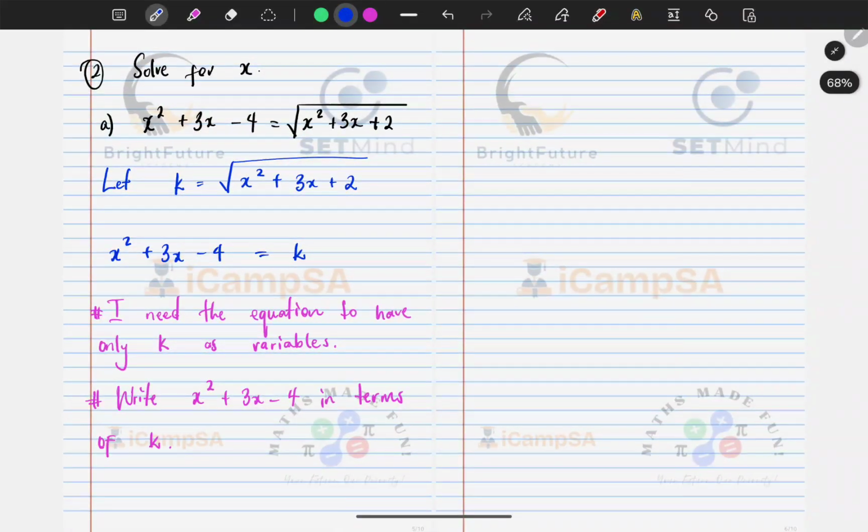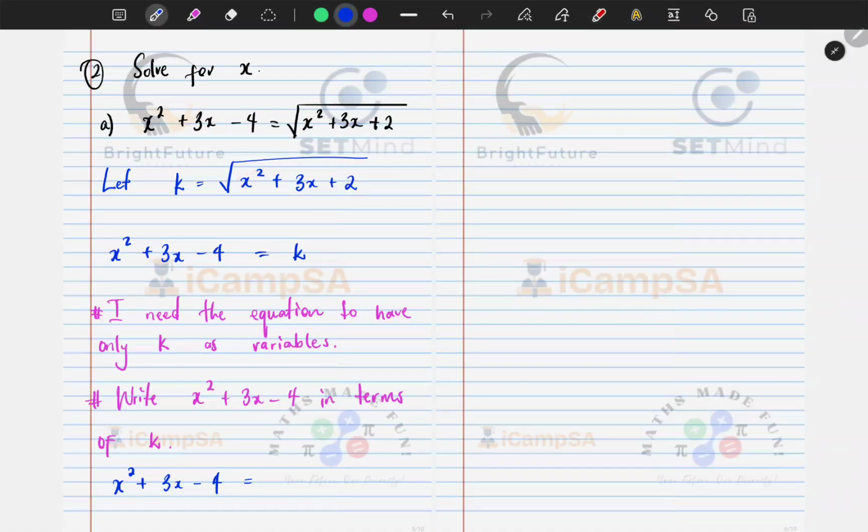I'm going to rewrite it: x squared plus 3x minus 4 is equal to, I want this expression to be similar to this one, so that I can make it equal to k.